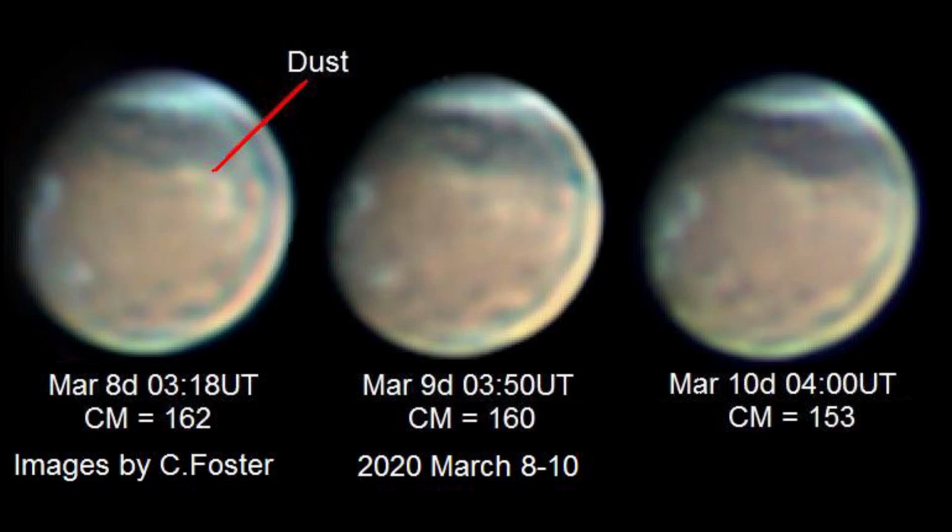On March the 10th there's just a trace of the activity left. By the way, these clouds on the left hand side of the image are the clouds over the Tharsis Montes. On March the 10th you can see 3 little bright spots there, and those are the 3 giant volcanoes, and just below them to the right another bright spot, which is the orographic cloud over Olympus Mons.